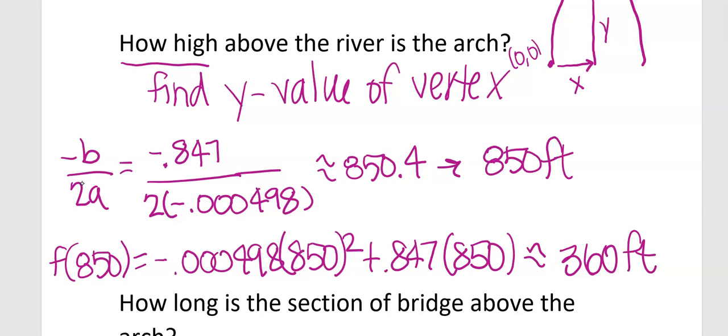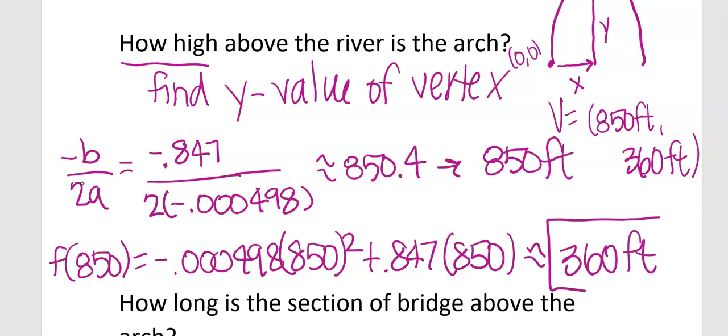And I think if you calculate that out, you get about 360. Since we rounded the first one, we're going to round the second one as well. And that's the one that we want. So how high above the river is the arch? 360 feet.